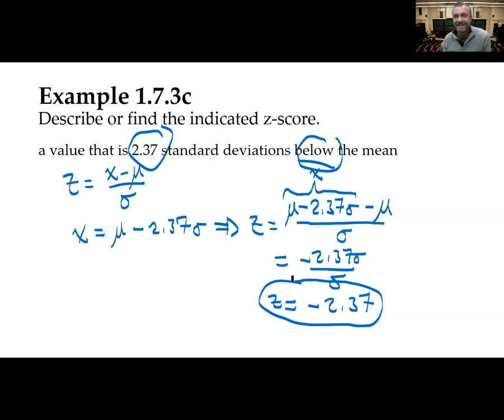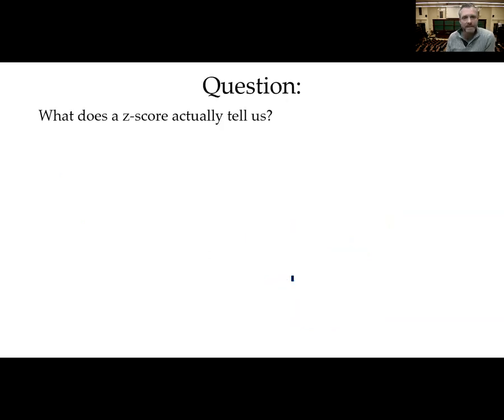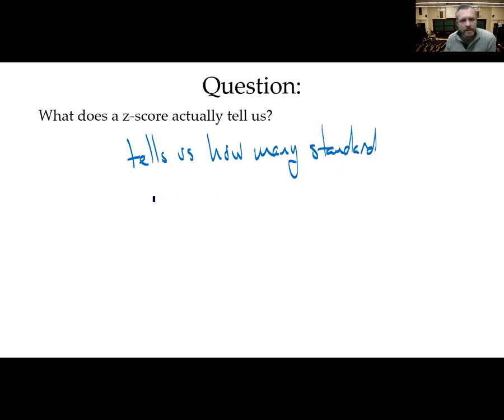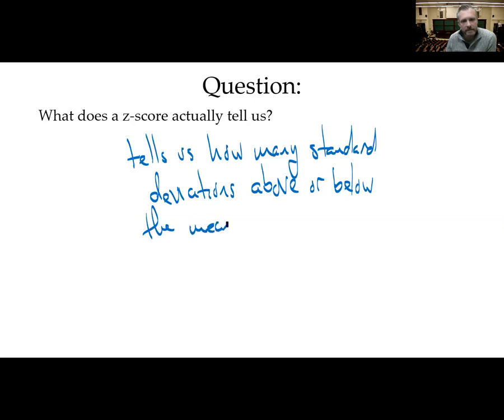You should start to see something here jumping out at you. So what does a z-score actually tell us? Well, it tells us how many standard deviations above or below the mean a particular value is.